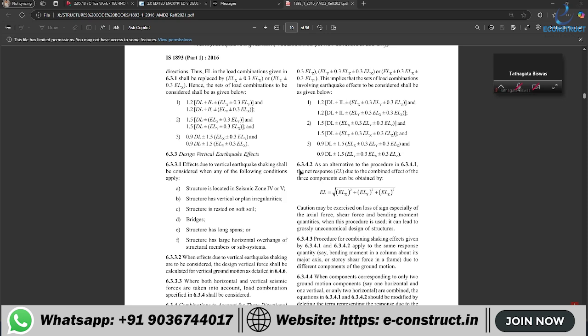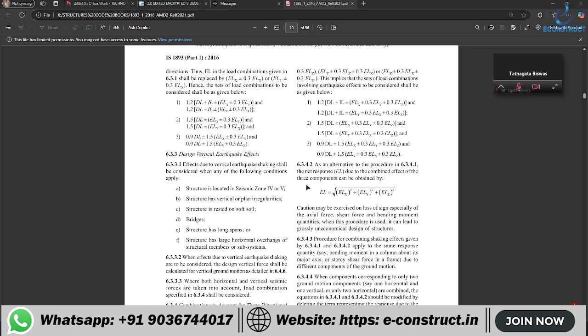Structure is located in seismic zone 4 or 5. Structure has vertical or plan irregularities. Structure is rested on soft soil, bridges. Structure has long spans or structure has large horizontal overhangs of structural members or subsystems.